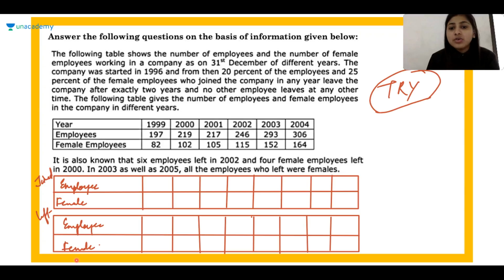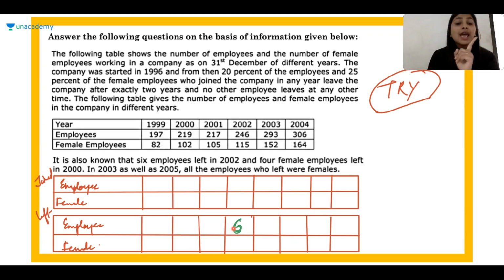Okay, first clue is, it is also known that 6 employees left in 2002. I have not written the years, I'll take it from here. So this is 2002. 6 employees have left in 2002.